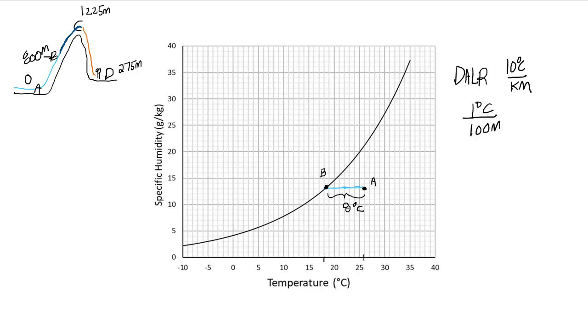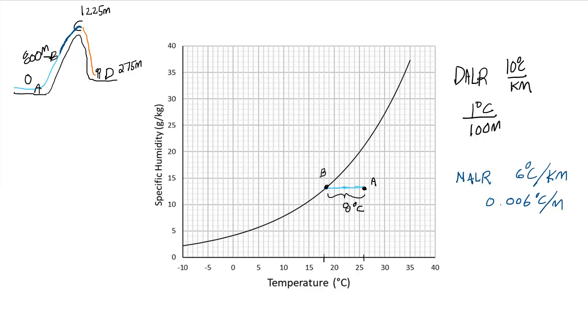Now, the next part of our journey is indicated by the darker blue line, and that is the journey from point B to the summit. We know that during this time, precipitation is continuously forming. So we're going to be using the moist adiabatic lapse rate to describe the additional cooling, and that is 6 degrees C per kilometer, or 0.006 degrees C per meter. This is going to be an easier number to use. We know the elevation of 800, and we know the elevation at the summit.